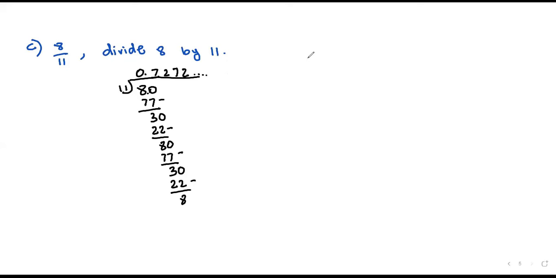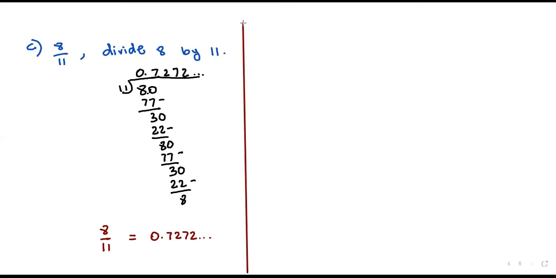So this actually means that our fraction 8 out of 11 is the same as 0.7272 with 72 repeating. Is that okay? Okay, so let's find out more about this type of decimals.